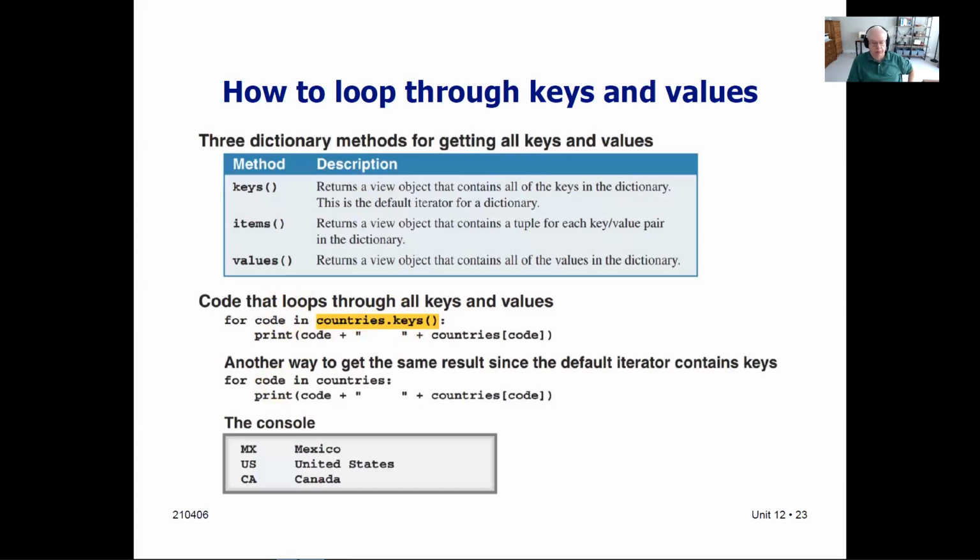Not all of your Python code readers are going to be as smart as you are and know that the key is the automatic iterator. So if they looked at the for loop, they wouldn't know that code is going to be the key in countries. And this is actually a for each loop, and go through all of the keys in the countries dictionary.